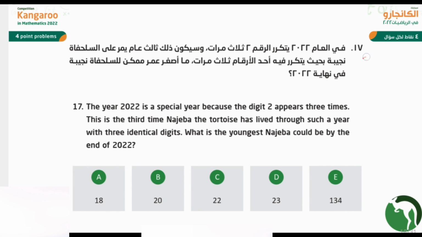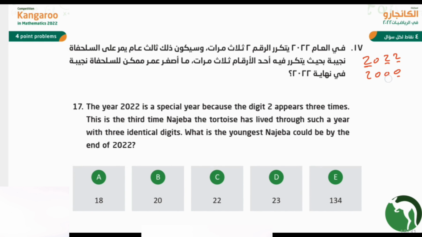So now at first we have 2022. The digit 2 is appearing three times, so it's repeated three times. So what is the next number that we can get, with also three repeated digits? If we look back in the 2000s, we will just have 2000 here.